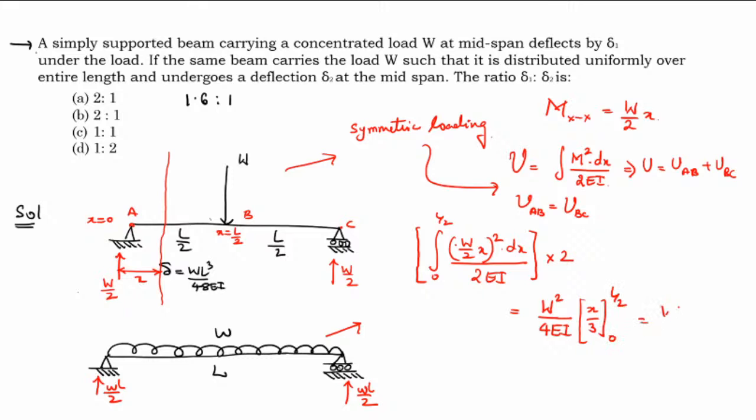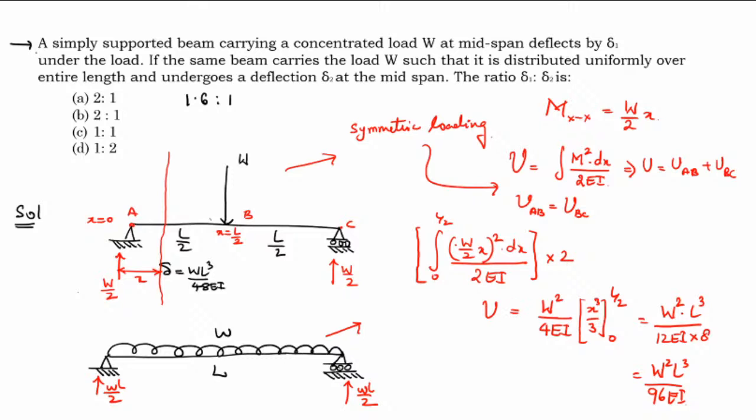This will be W square into L cube divided by 12 EI into 2 cube, since 3 is already present. Sorry, it is x cube. So 2 cube is 8, so that is W square L cube by 96 EI. This is the strain energy.